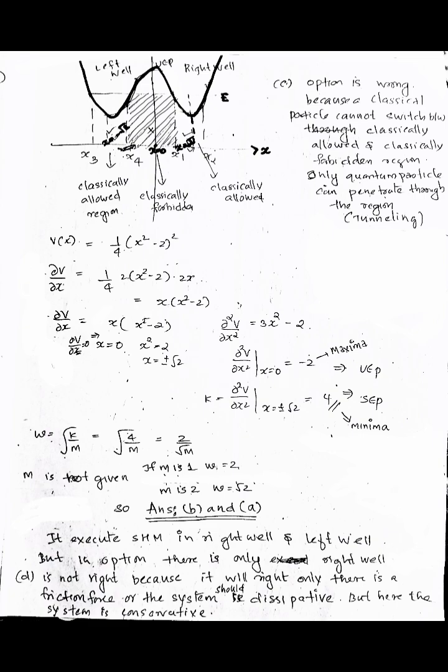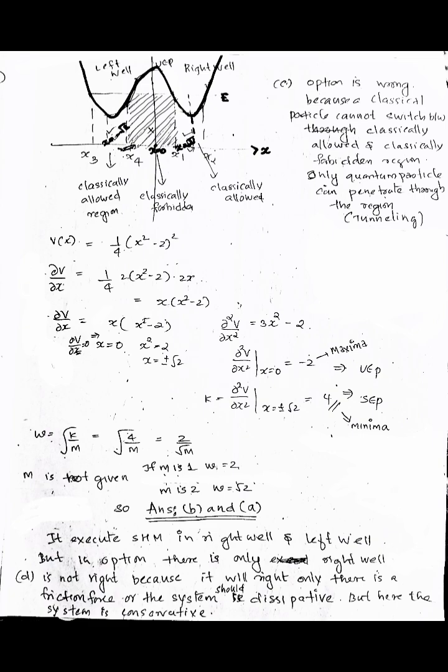Then dou square V by dou x square at x is equal to 0 is minus 2. So this is a maxima. So this shows the unstable equilibrium point, that is UEP. And here dou square V by dou x square at x is equal to plus or minus root 2 is equal to 4. So this is a minima. So this is a stable equilibrium point. So here we get the stable and unstable equilibrium points.